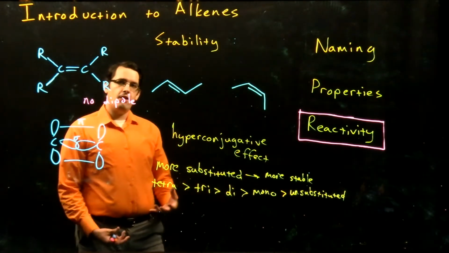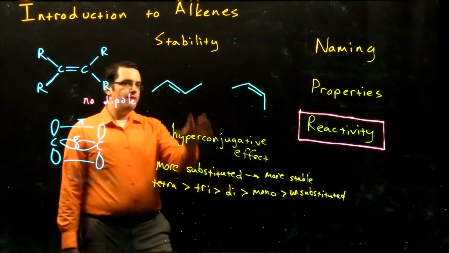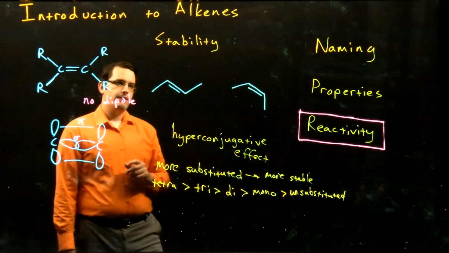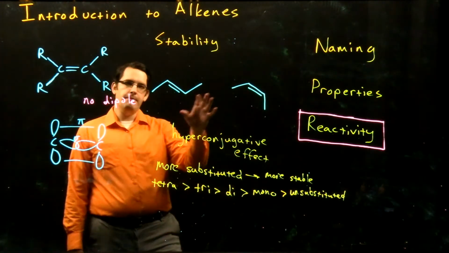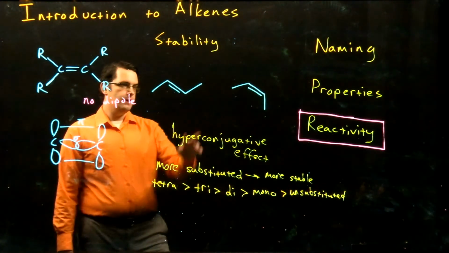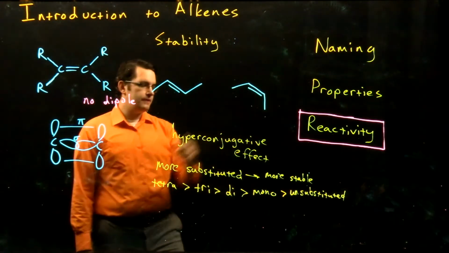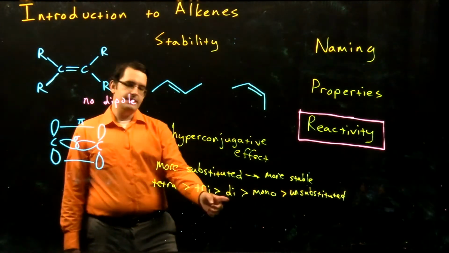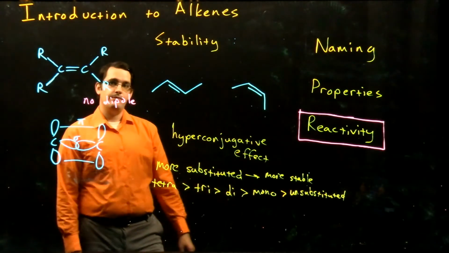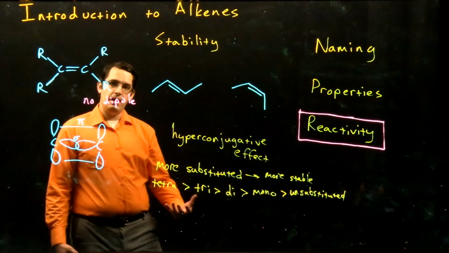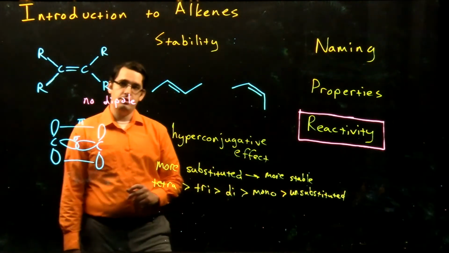Now, of course, as we saw before, we can have unique alkenes that still have the same substitution pattern. Right? So our two diastereomers here, our trans-butene and our cis-butene, are both di-substituted alkenes. So we might say that they're the same stability based on our substitution.